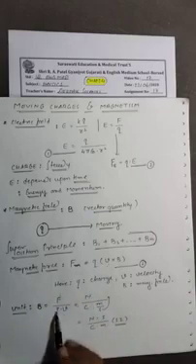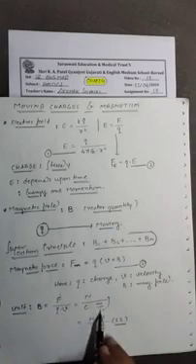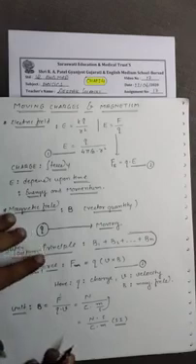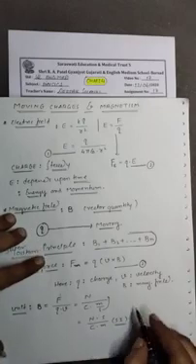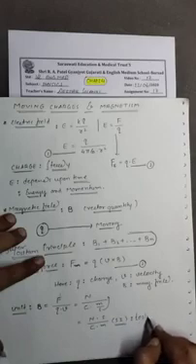Force, Newton. Q, electric charge, Coulomb. Velocity, meter per second. Take second upside. So you will have Newton second upon Coulomb into meter. Right? It is the SI unit of magnetic field, but it was invented by Tesla, so this is also known as Tesla.